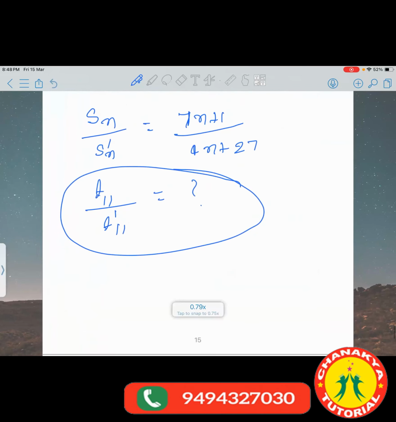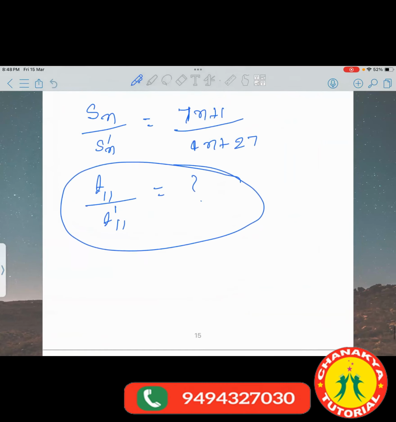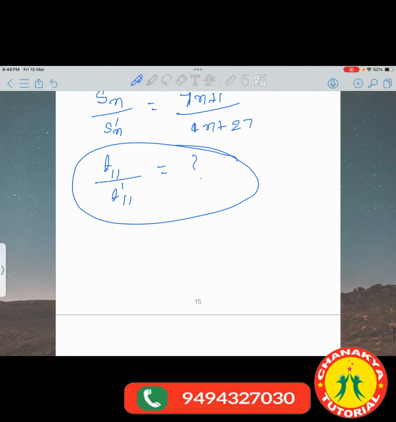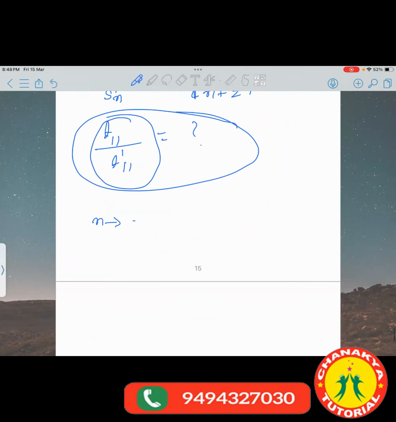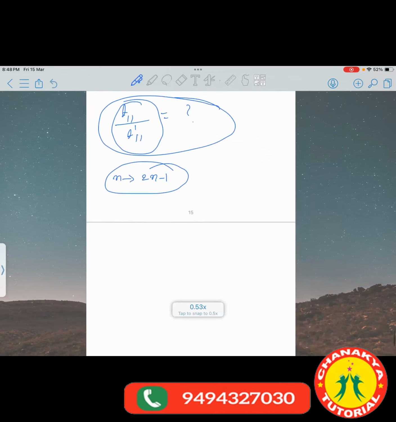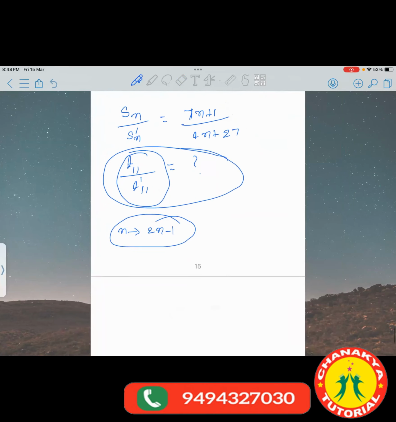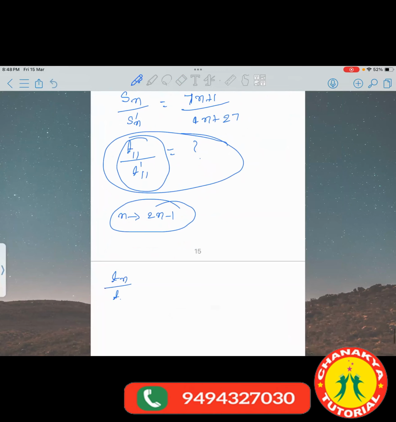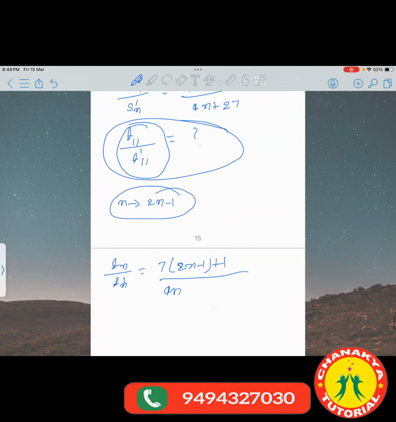Now see the shortcut method. If you are given the Sn ratio and asked the Tn ratio, then we can replace n with 2n minus 1. We get Tn. So first, Tn upon Tn dash is equal to 7 times (2n minus 1) plus 1 upon 4 times (2n minus 1) plus 27. Replace n with 2n minus 1.